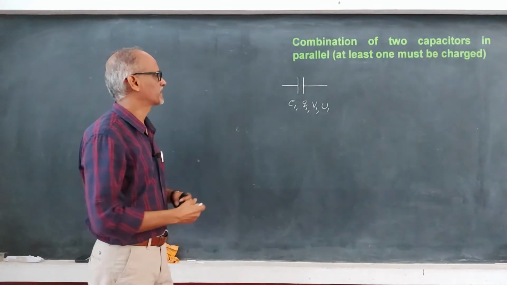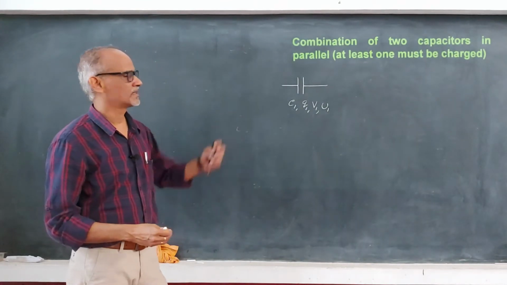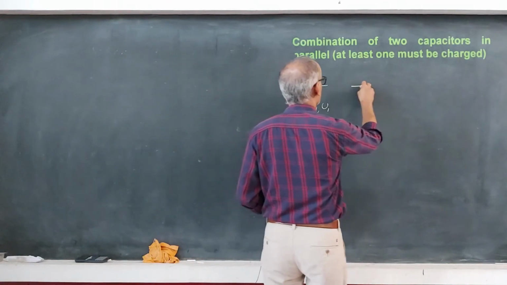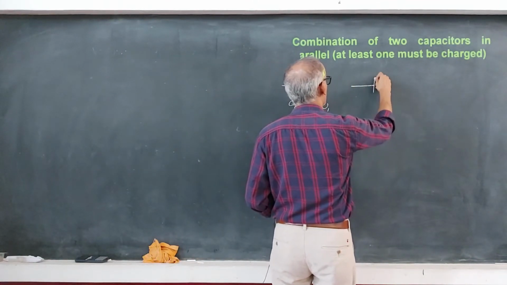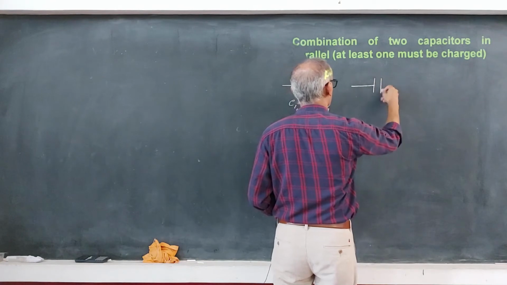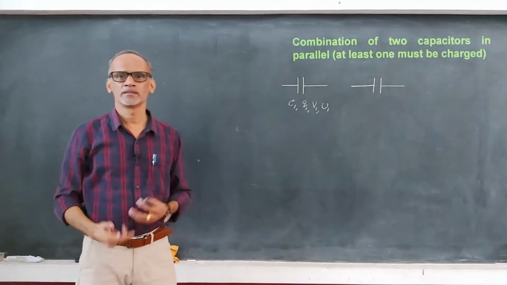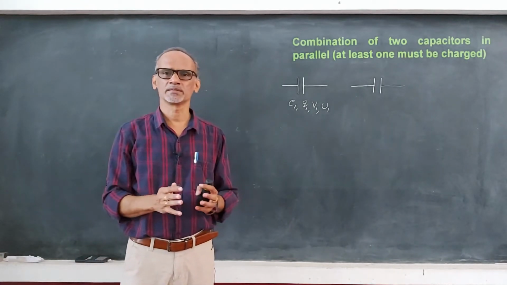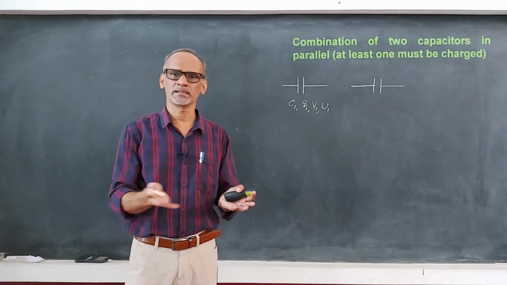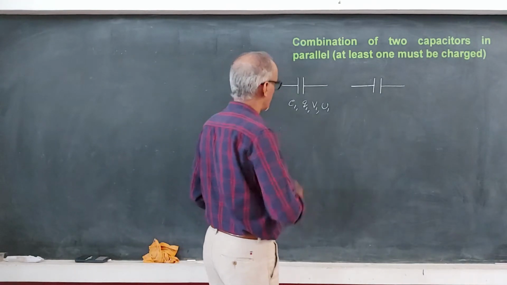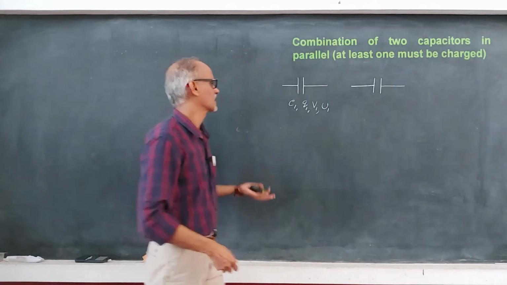Because this topic is applicable only when at least one of the capacitors is charged. Now there is one more capacitor, which can be either charged or uncharged, because since I have taken this as charged, the second one is optional. So any one must be charged. If both are charged, it's fine. And again here I am going to assume that even the second is also charged.